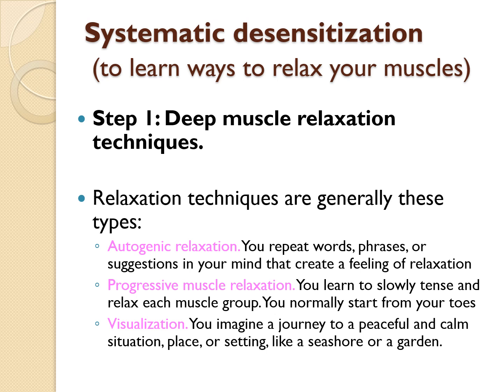In autogenic relaxation, you repeat the words, phrase, or suggestion in your mind that creates a feeling of relaxation. And in PMR, one has to learn to slowly tense and relax each muscle group. One normally starts from the toes and goes upwards in a systematic manner.